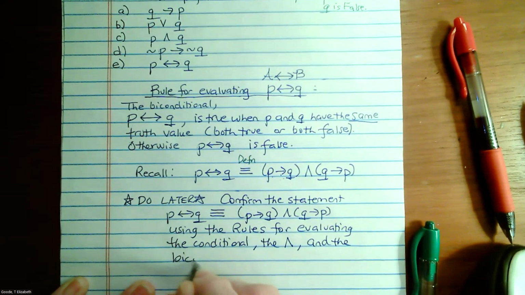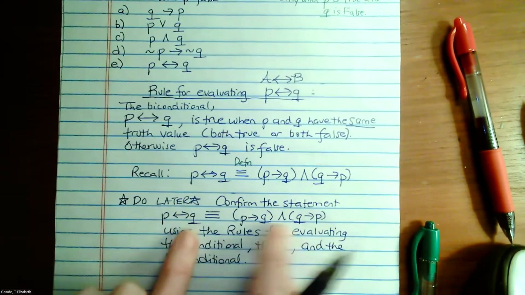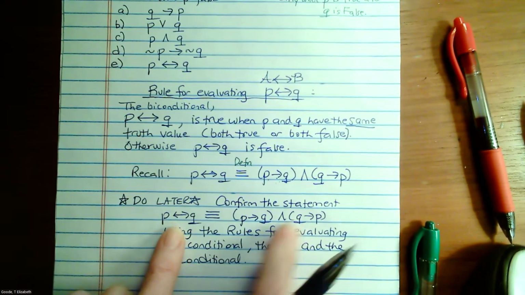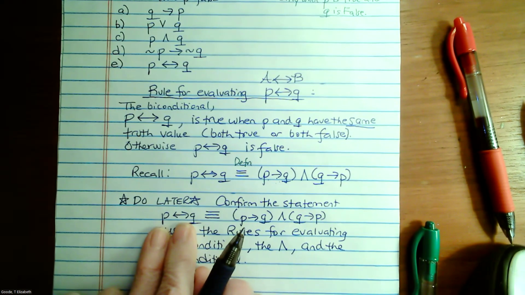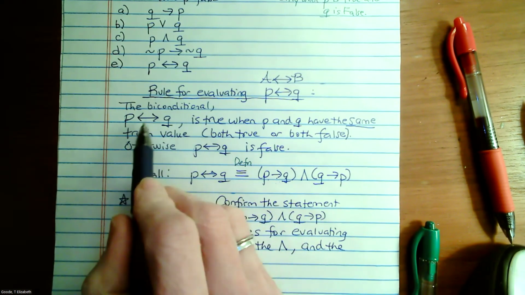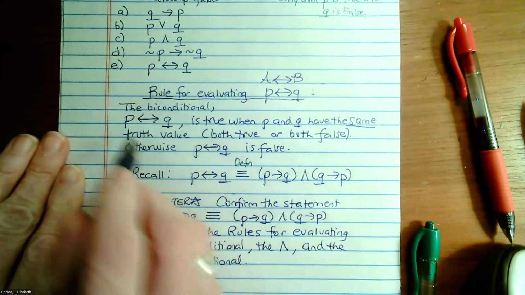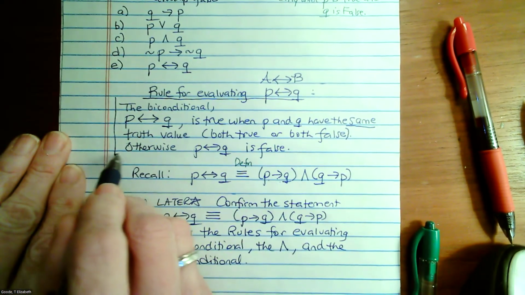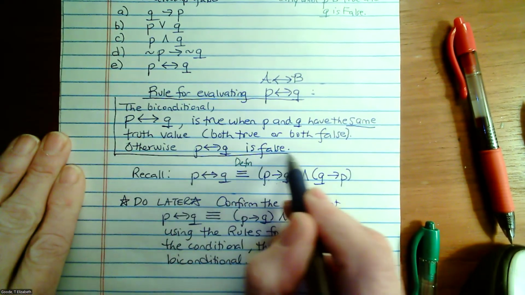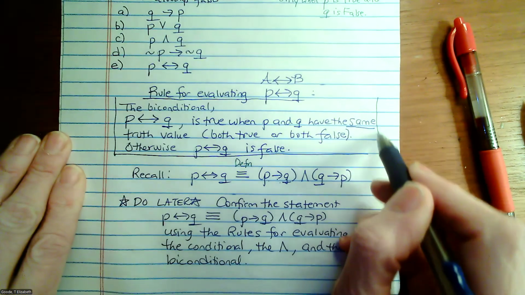You can check that this logical equivalence really works by making a truth table and comparing the column for P if and only if Q, where you execute this rule. This is the rule for evaluating P if and only if Q.